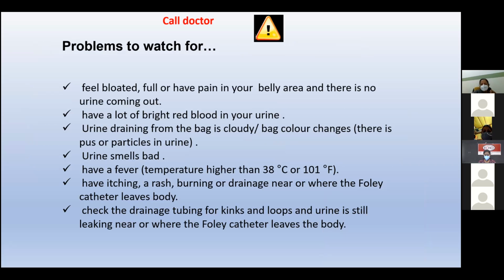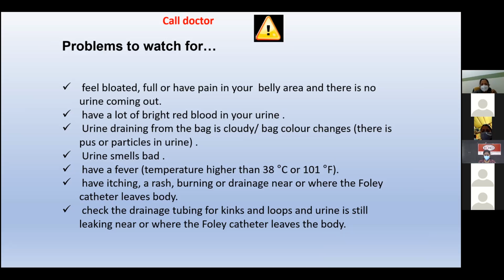So whenever the patient is on a catheter, what to do and when to call the doctor, these things should be told and taught to the relatives. If the patient is having a bloated feeling in the abdomen, fullness, or pain, right?